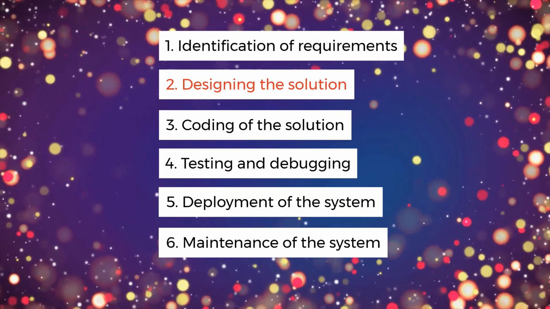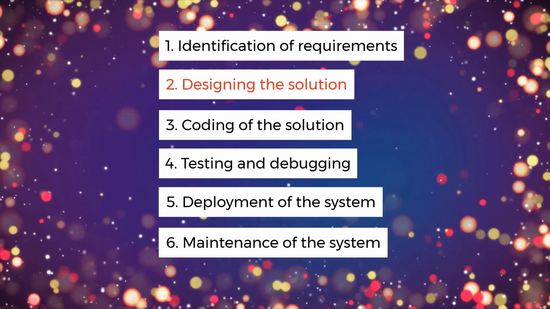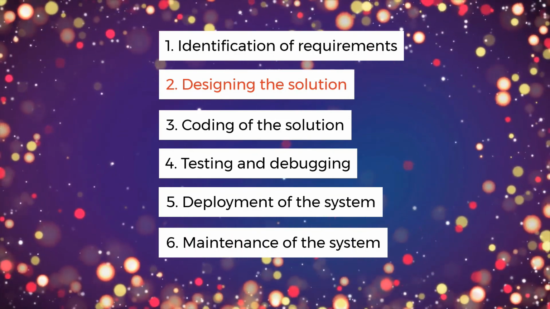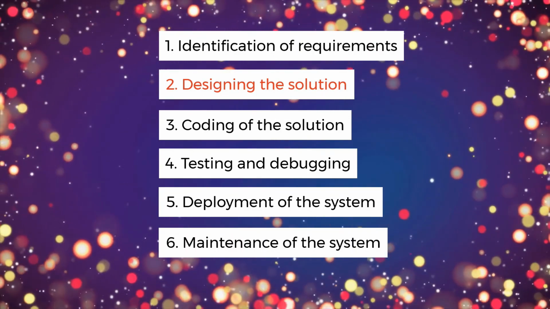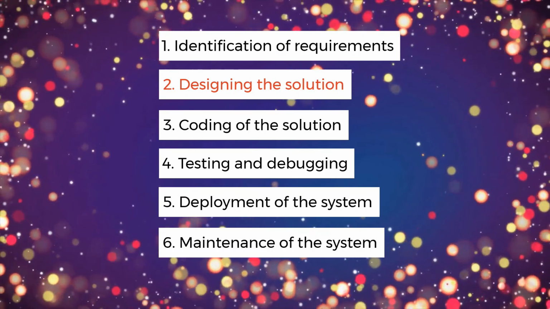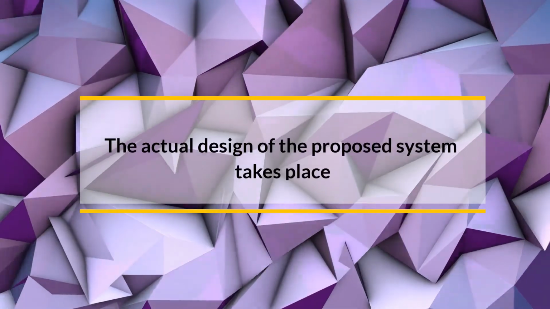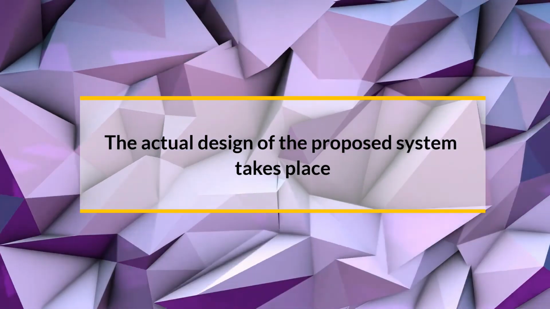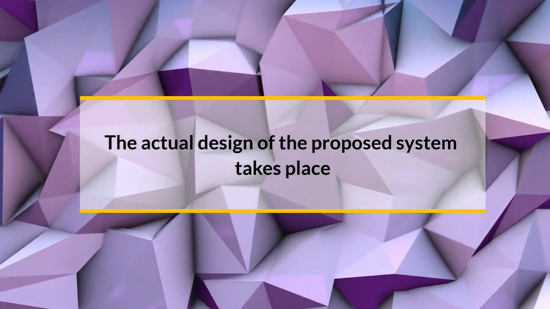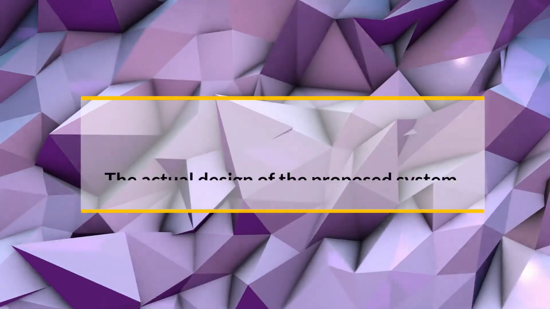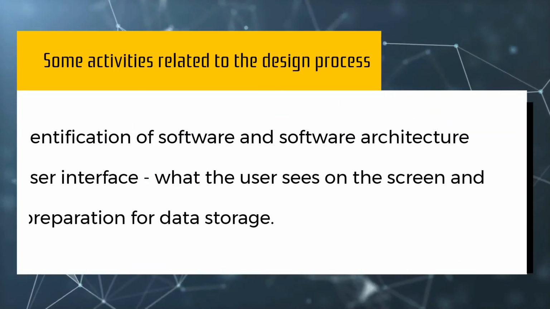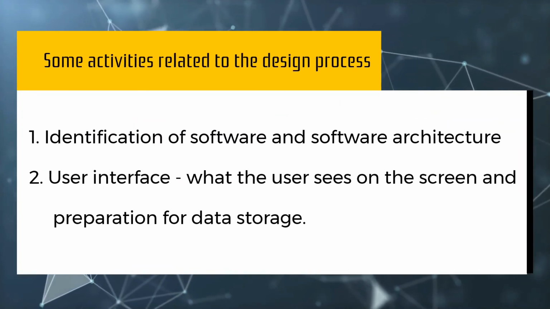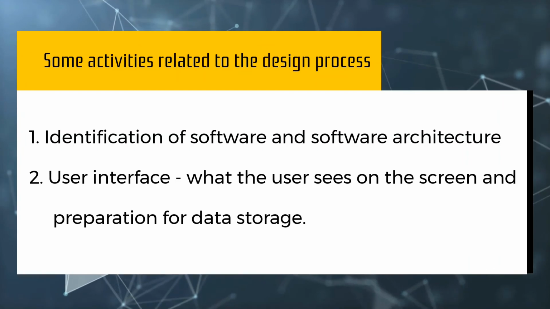The second step of the SDLC is designing the solution. In this step, the actual design of the proposed system takes place. Here are some activities related to the design process.